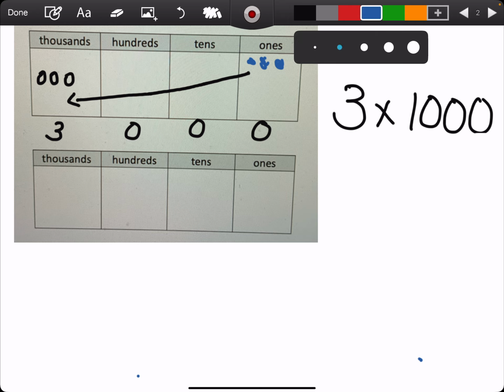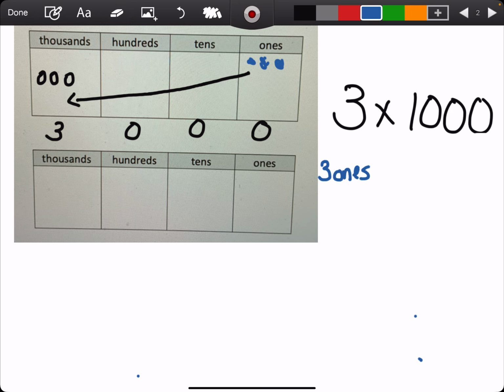Now what allows us to make those 3 hops? Well, here we have 3 ones times 10 times 10. 10 times 10 is 100, times another 10 is 1,000.